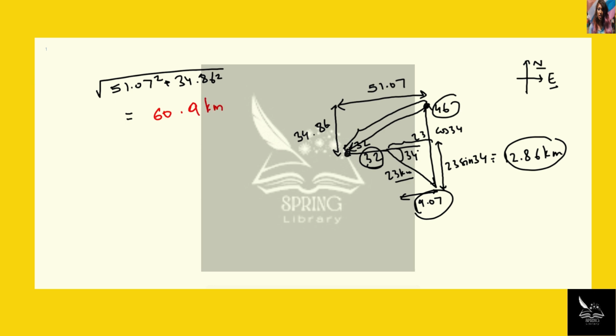kilometers. Now we also need to find the direction in which we need to go. So if we find out this angle, which is theta, which would be the same as this angle theta, we can see that tan theta is equal to opposite side divided by adjacent side, which is 34.86 divided by 51.07.